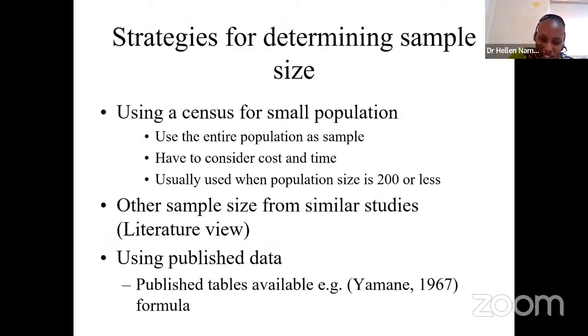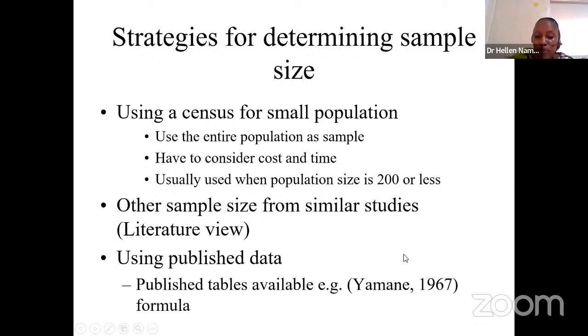With the different strategies, of course, when you check in literature, there's a lot of information that you can base on. Sometimes you can use a census for a small population. You can consider basing on literature, implying similar studies that have been done. You can also use published data. Okay, and there are also published tables that are available when they're talking about the sample size.